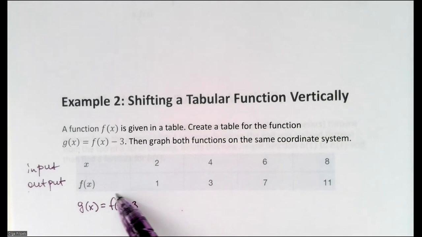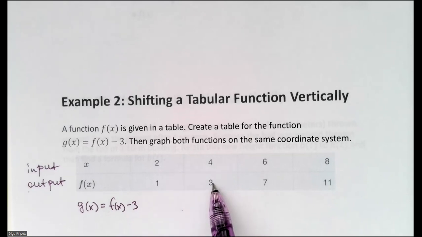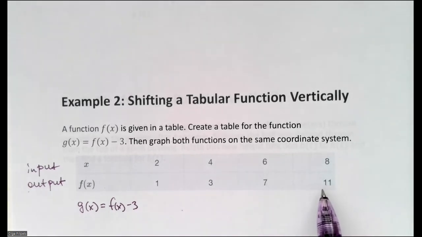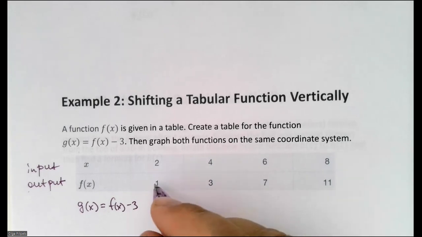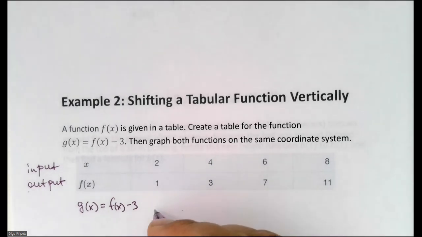I'm going to create a new row that will represent the outputs for g of x. And what does g of x do? g of x takes f of x, the output values, and subtracts 3, or shifts down 3 units. So I'm going to take each output right here and shift it down 3 units. So 1 minus 3 is going to give me negative 2.